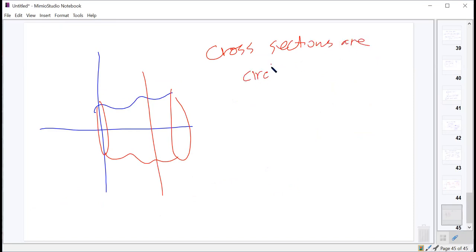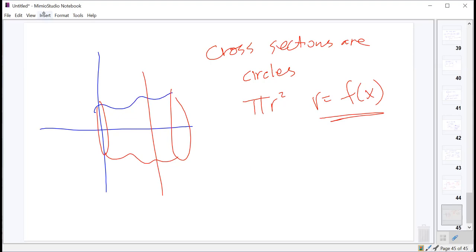And so if our cross sections are circles, then the area of those is pi times the radius squared, where r is the height of the function, just so long as we are fully pushed up against the x-axis when we're revolving around. So if the region is fully pushed up against the axis you're revolving around, and that is the x-axis, your radius should be f of x. And so you just do pi times the integral of your function squared dx integrated from a to b.